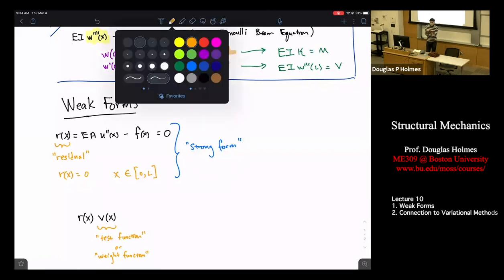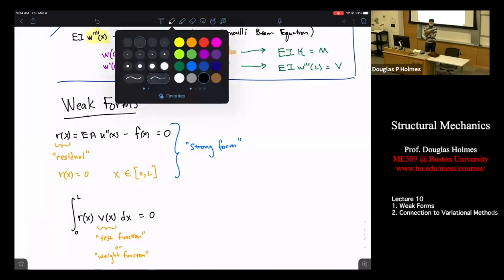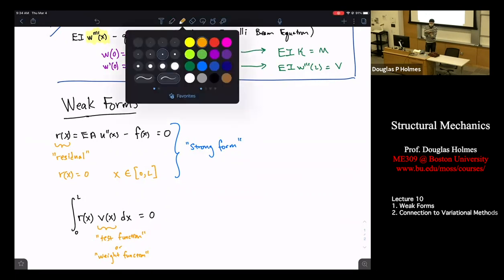And instead of saying that we need r of x equal to 0, we're going to say that we need the integral of r of x times our weight function, or our test function, to be equal to 0. And I'll remind you, I'm going to be extra pedantic here.